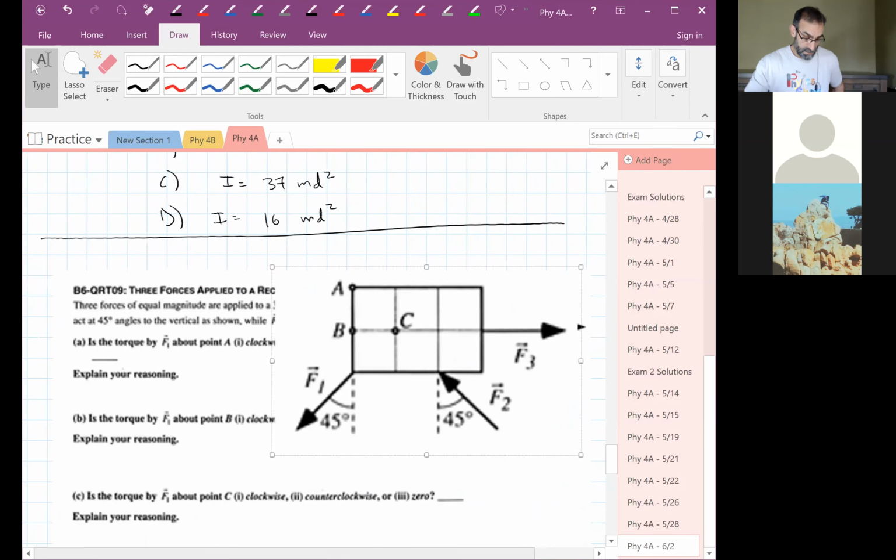There, is that better? The torque caused by F1 about A is clockwise. We okay with that?